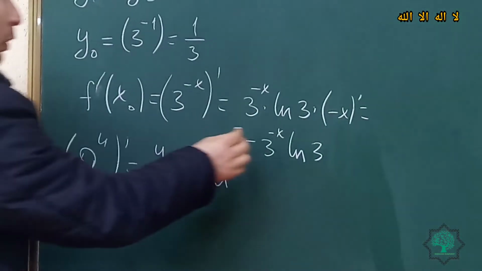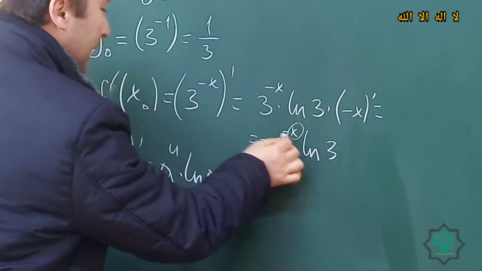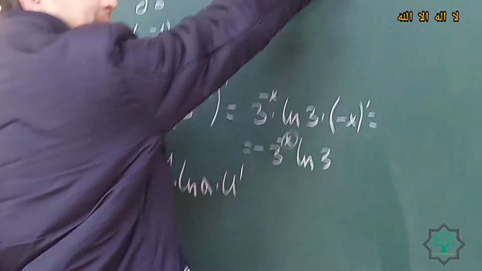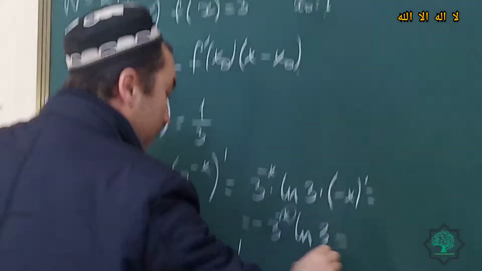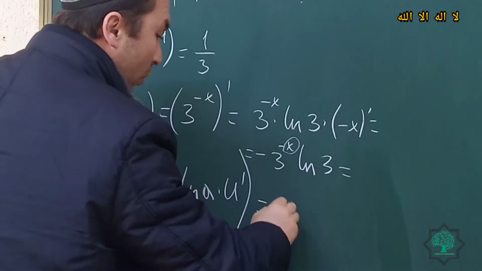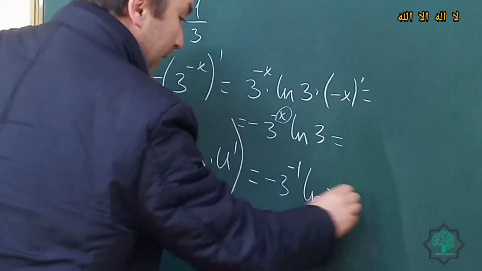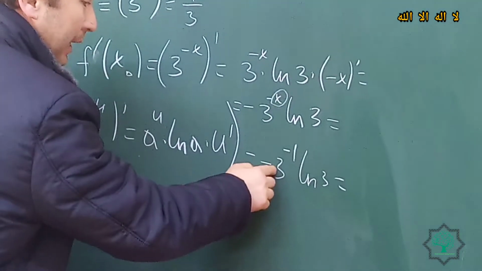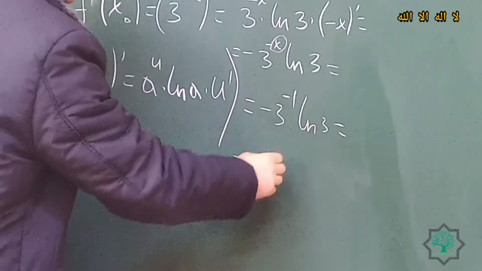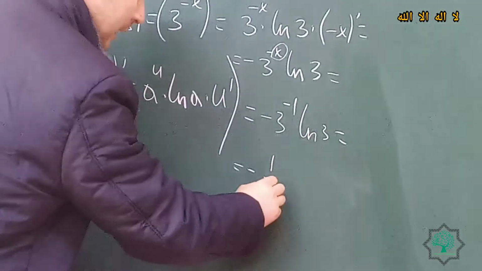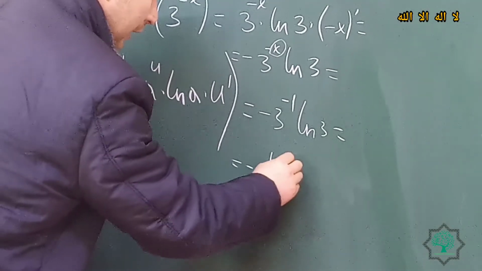Now instead of x, we put what? 1. Minus 3 to the minus 1 times ln 3. So it means 3 to the minus 1, what? Yes, minus 1, that is 1/3.